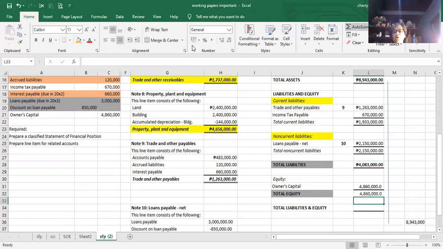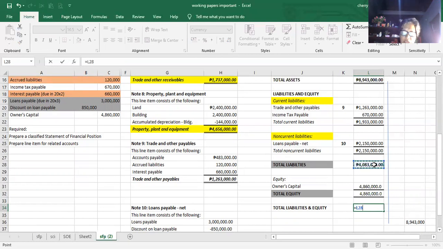Now, we're going to compute the total liabilities and equity. And how do you do that? We're going to add equals total liabilities, click, and then shift plus, and then equity again.